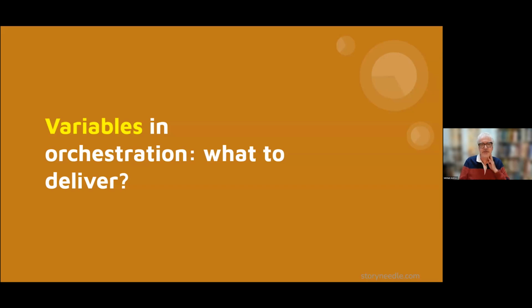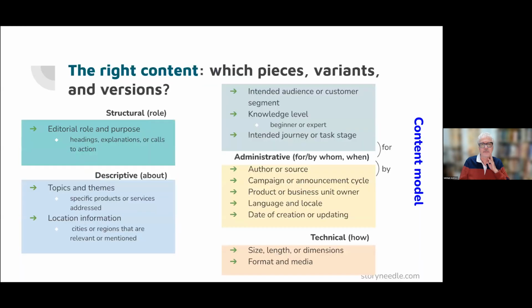So let's talk about these variables a bit. First, let's look at the right content. What constitutes the right content? This gets into things like what pieces of content to provide, what variants of content, even what versions of content. That's all very abstract, but we can start breaking it down into different dimensions of the content.